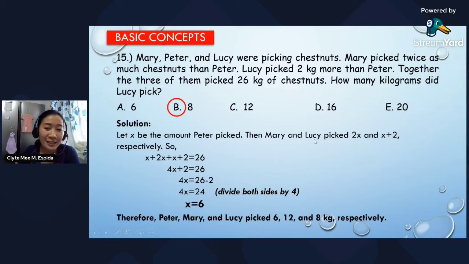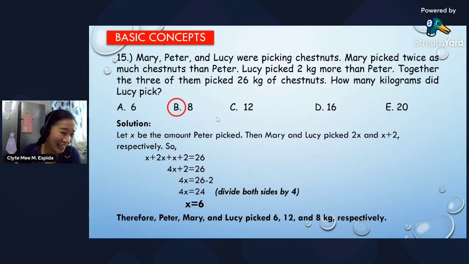Ano yung kay Lucy natin? X plus 2. So, meaning, 6 plus 2, that's 8. That's why our answer is 8. Respectively, they picked 6, 12, and 8. So, a total of 26 kilograms. Yung tinatanong lang po is si Lucy. So, the correct answer is 8 kilograms.